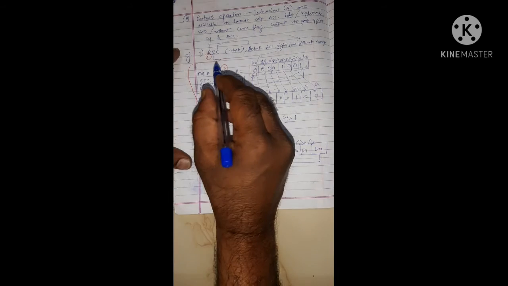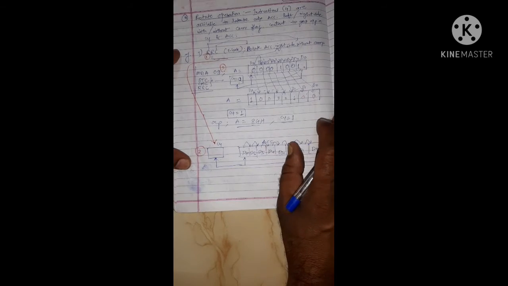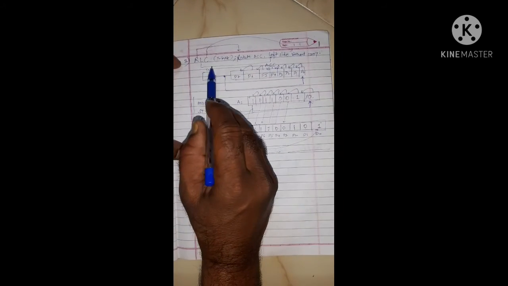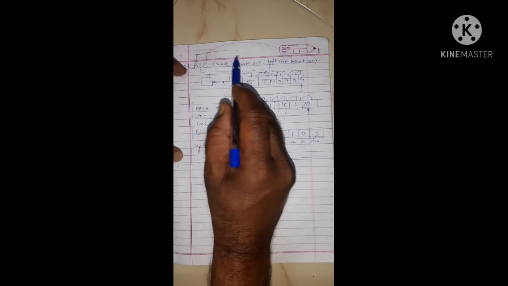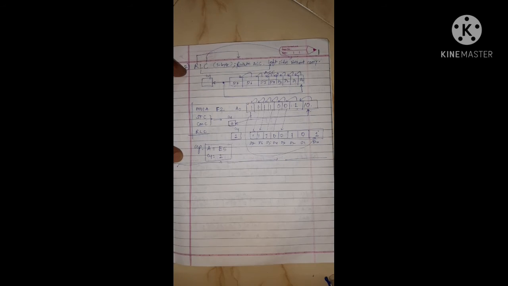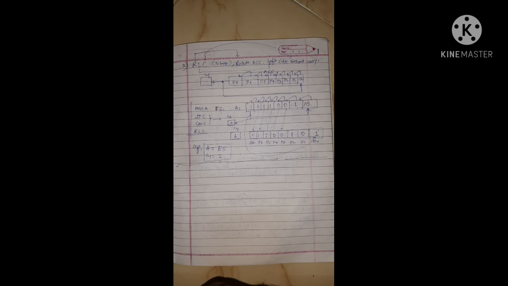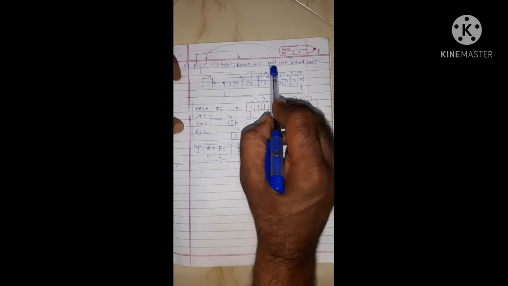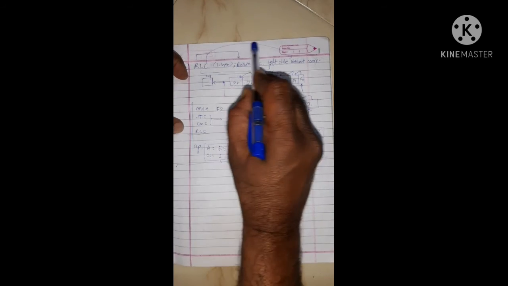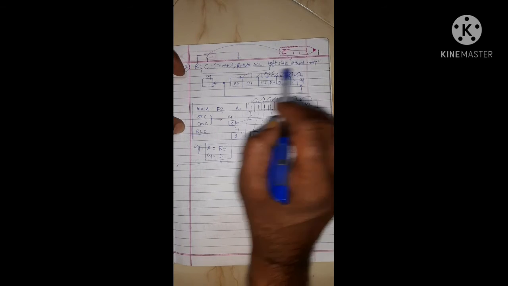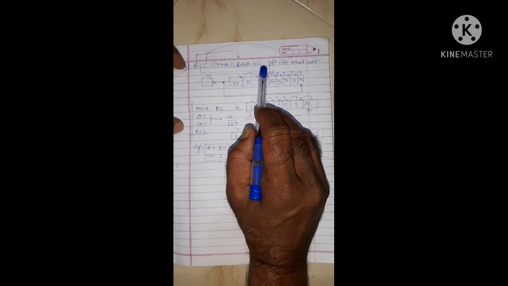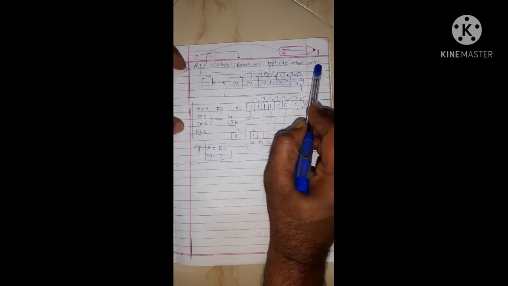Next, after the RRC instruction, the next one is RLC. R is here to rotate. L is here for accumulator left side and C is here for without carry. So the comment of RLC is rotate accumulator left side without carry.